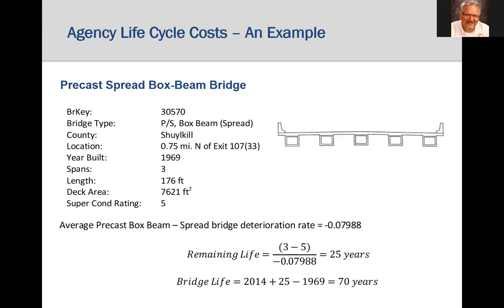In 2014, the base year of the study, the superstructure rating was a 5. Knowing the average deterioration rate for spread box bridges is 8%, the estimated remaining life when the condition rating reaches a 3 is 25 years. Given that the bridge is 45 years old, the predicted lifespan for the bridge is 70 years.